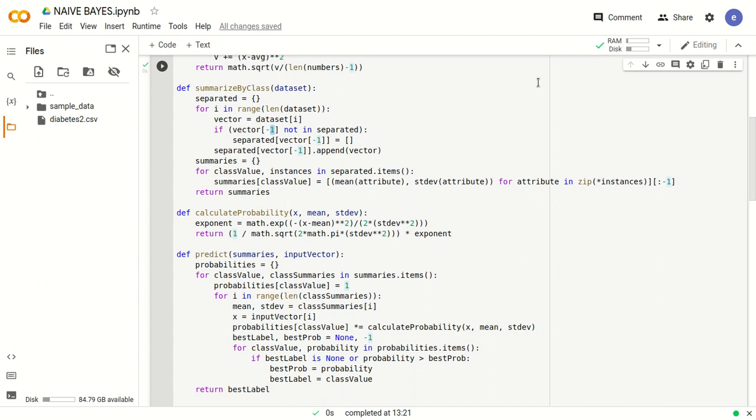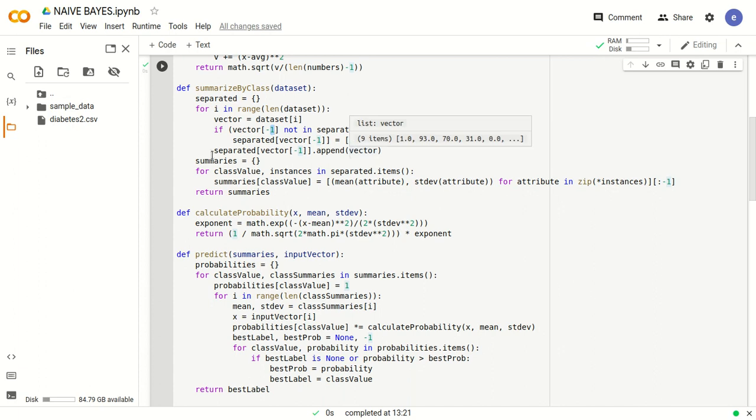For 0 we will create a list, for 1 we will create a list, if it is not there. Suppose we have already created a list for 0, this part of the code is not executed. Only if it is not in the separated dictionary will this line be executed, that is, it will create a new key and a list respectively. Once we have the list for 0 and 1, for every instance of the dataset, we just append the vector.